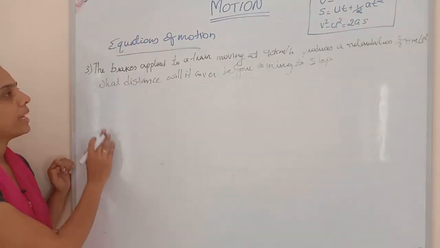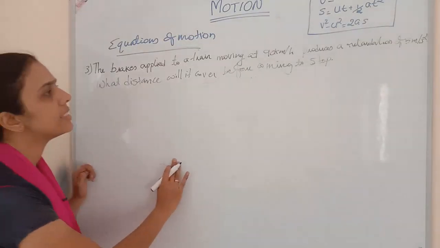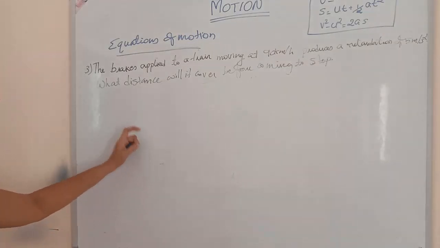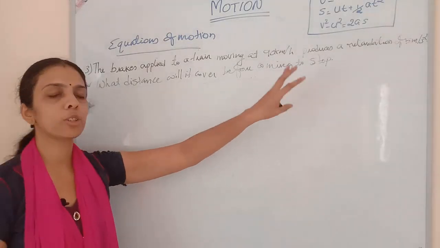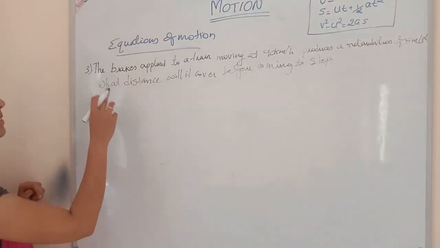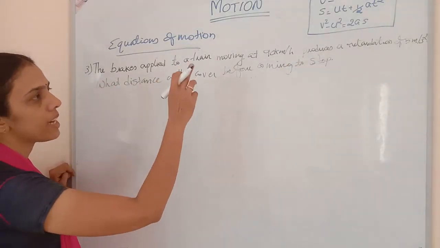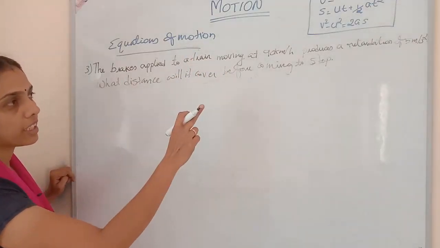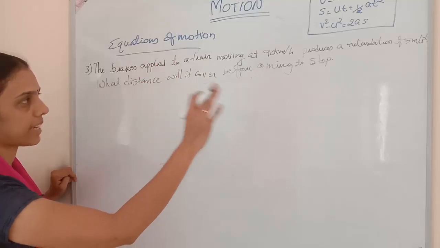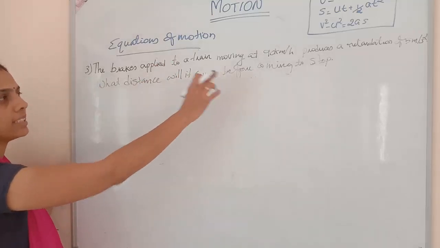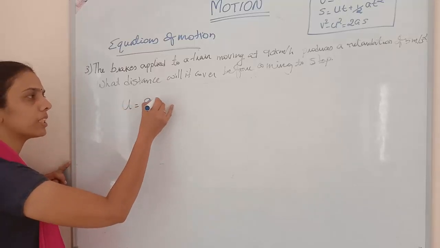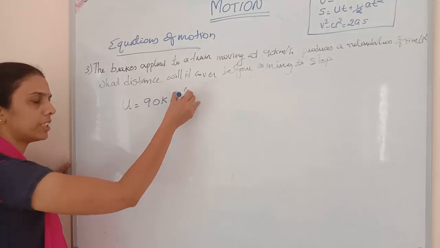Next is: the brakes applied to a train moving at 90 km per hour produce a retardation of 5 meter per second square. What distance will it cover before coming to stop? So the train was moving at 90 km per hour, so initially it was moving with a velocity of 90 km per hour.